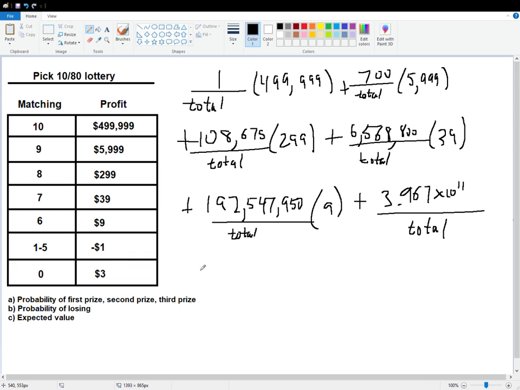Right, now we want losing. So the outcome of losing, well, we found that in part B. So the probability of losing was 0.7589, and the value for losing is going to be -1. Right, so now what we want to do is just put this all into your calculator, sum it all up.